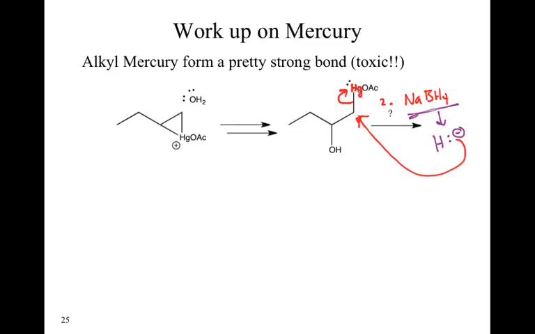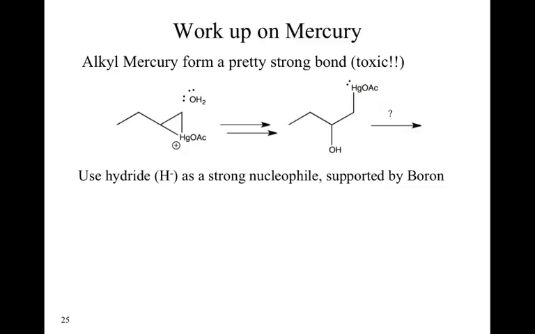It would more likely act as a base. And that gets problematic because if it acts as a base, all it's going to do is react with the mildly acidic hydrogen on our alcohol instead of cleaving off the mercury. So we need something to stabilize that hydride. Boron just happens to be that molecule.